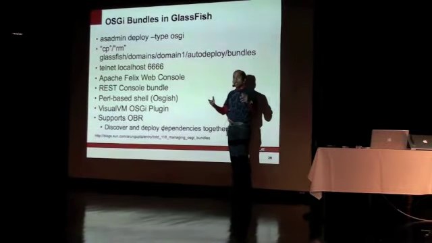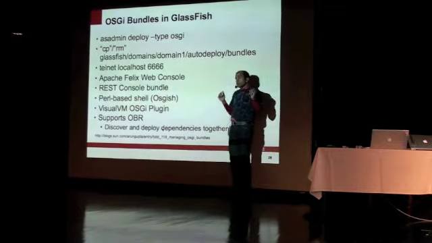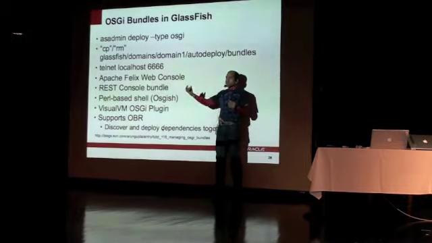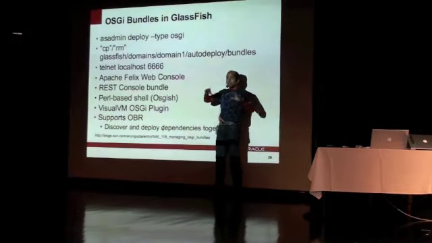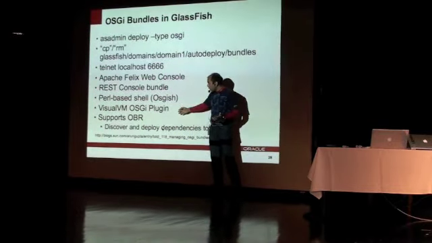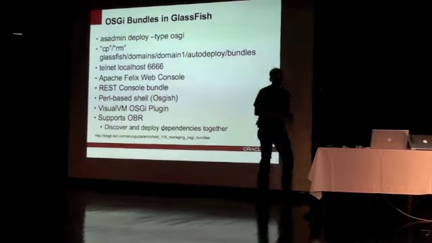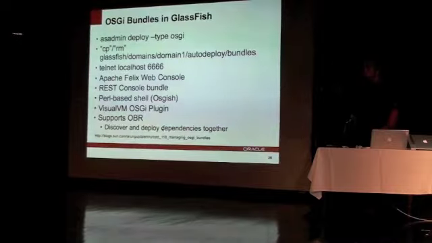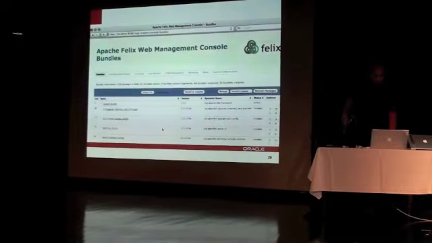The beauty of OSGi is you can extend it using OSGi. So somebody actually wrote a REST console bundle. That's yet another module that you add to GlassFish, and it gives you a RESTful interface to manage your OSGi shell. Somebody even wrote a Perl-based shell and a Visual VM plugin, and all different mechanisms are available for you to install and manage your OSGi bundles within the GlassFish environment.